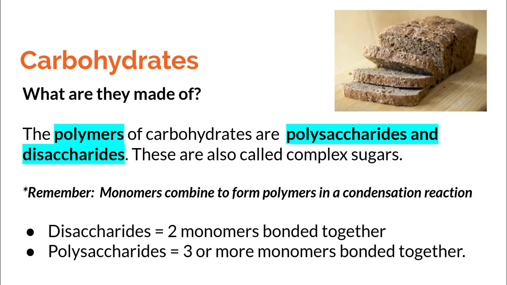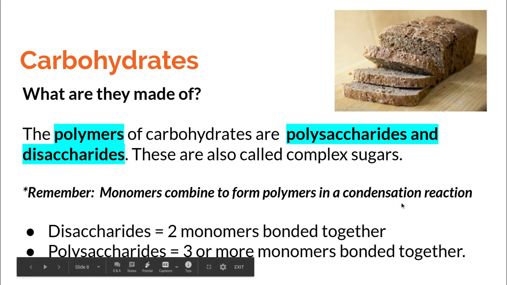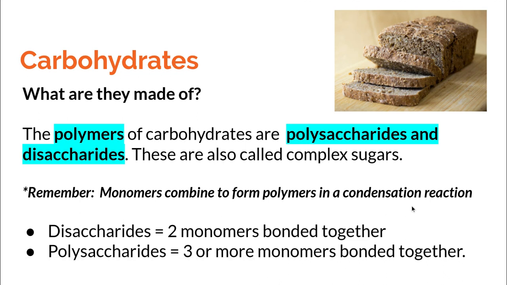When we take those monosaccharides and connect them together through a condensation reaction, we get our polymers. The polymers of a carbohydrate are polysaccharides and disaccharides. These are both complex sugars.